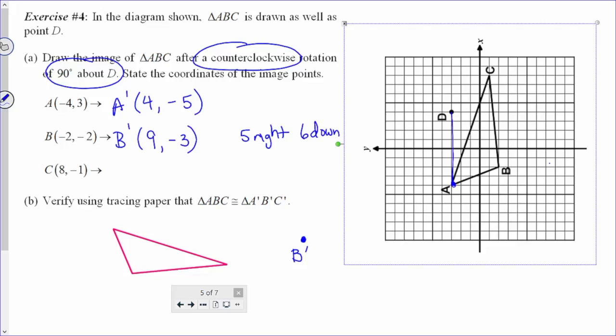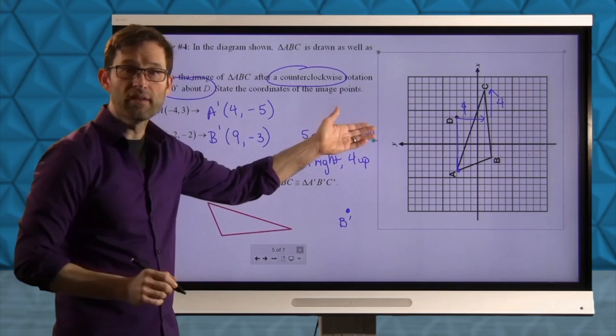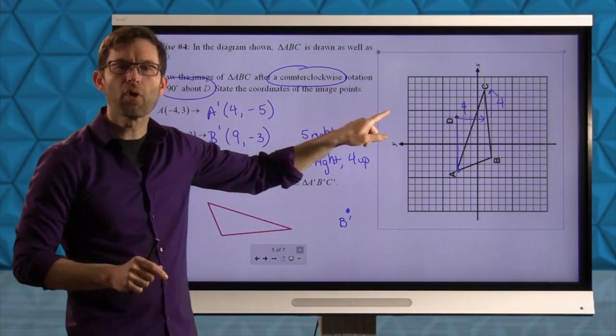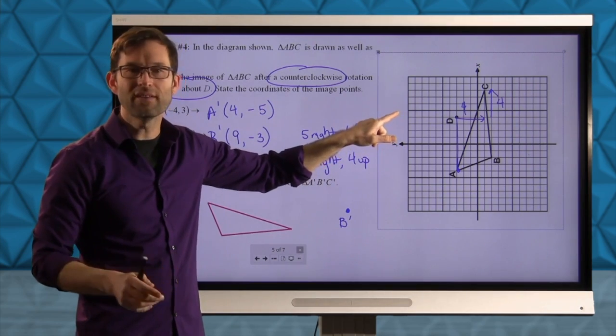Now again, where is C compared to D? Well, C is now 4 units to the right and 4 units up. So it's going to be 4 right and 4 up from point D. All right, because remember, under a rotation about point D, D is not going to go anywhere.